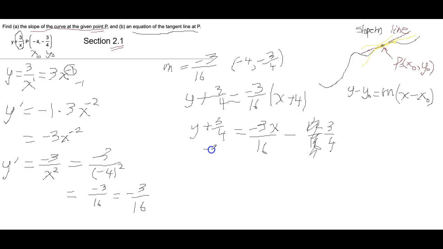And then over here I want to subtract 3/4 more to make it a y equals equation, minus 3/4. So looks like in the end we have y equals negative 3/16. There's the slope times the variable x, and that's minus 3/2. That's it.